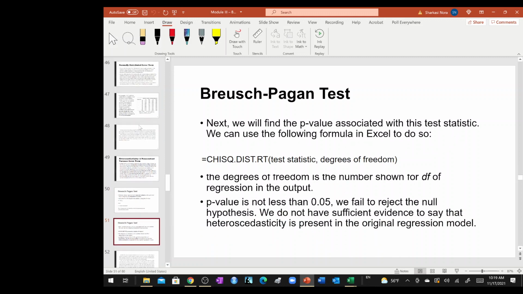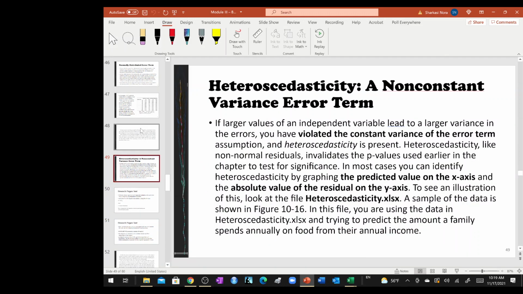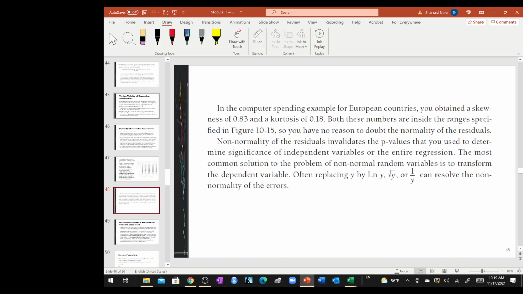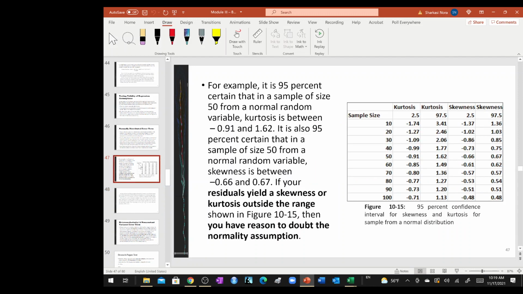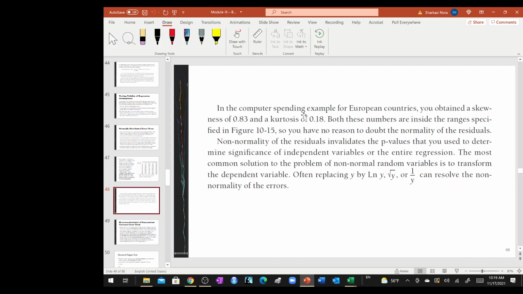So I'm going to put this set of slides on the Moodle. And computer spending examples for European countries. This is the skewness and the kurtosis. Non-normality of residuals was met. Oh, they were not normal?